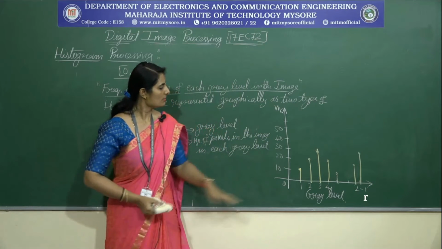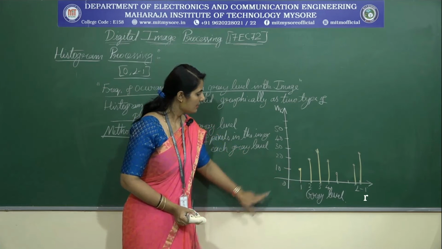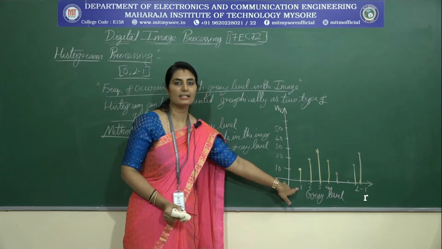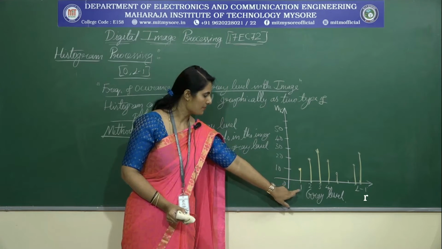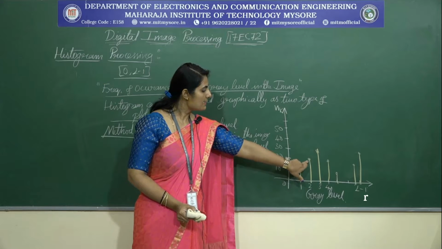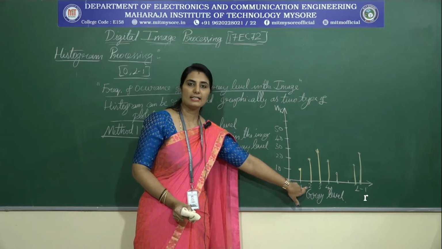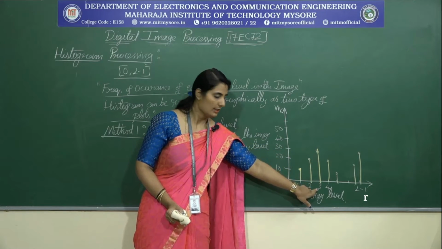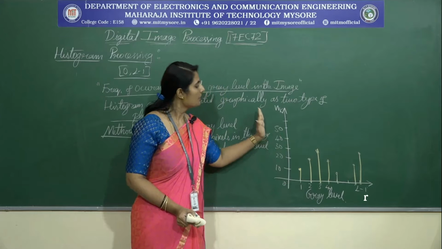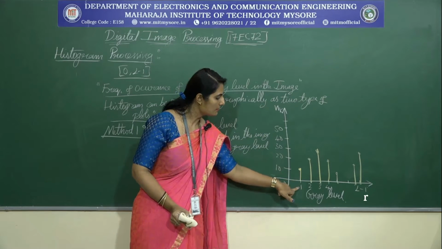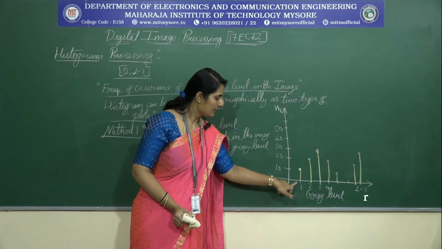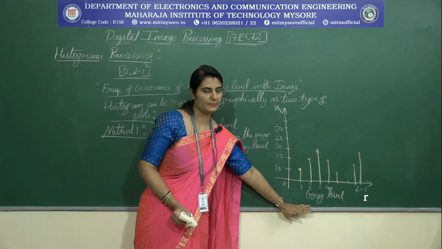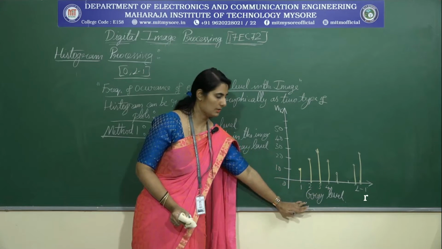This graph represents that 10 pixels have intensity level 1, 20 pixels in the image have intensity level 2, and 30 pixels in the image have intensity level 3. So, this is the plot of the number of pixels having that particular gray level or intensity level versus the gray level varying from 0 to L minus 1.